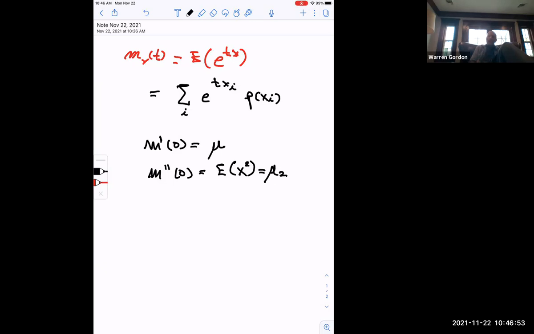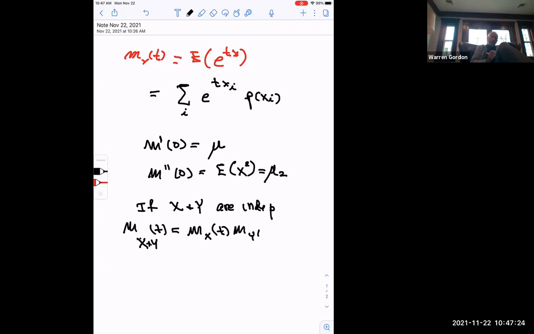And the moment generating function had a very important property, namely if X and Y are independent, the moment generating function for their sum is equal to the product of the individual moment generating functions.